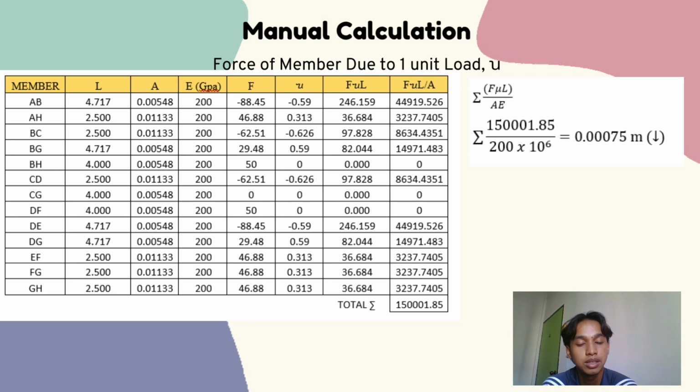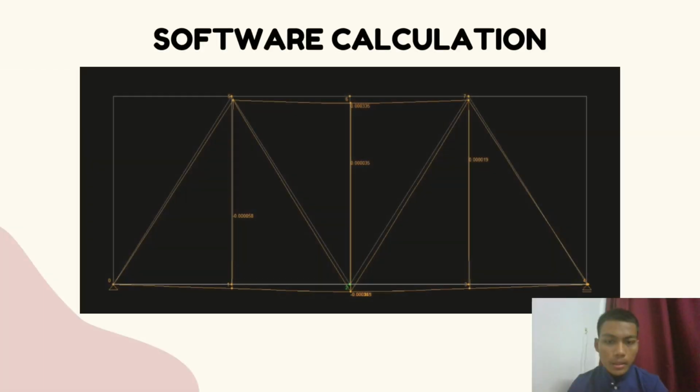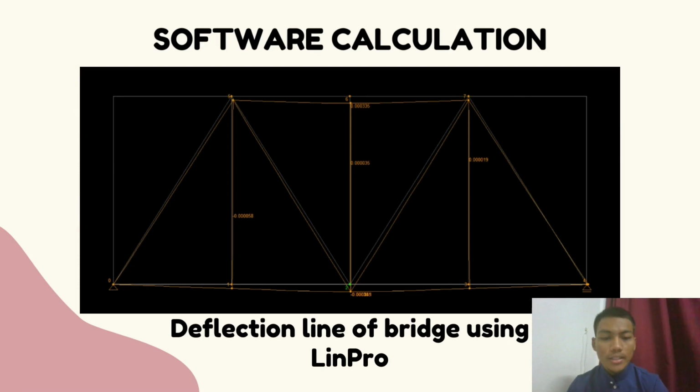Then we divide it by 200 times 10 to the power of 6, the modulus of elasticity. After dividing it, we find the deflection is 0.00075 meter downward.